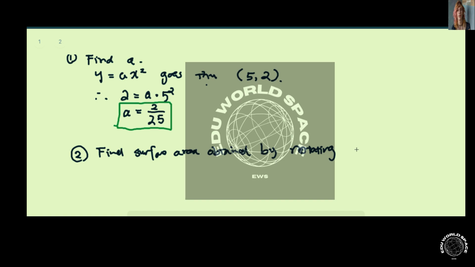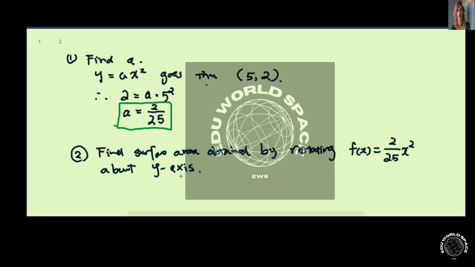So rotating this curve, f of x equals 2 over 25 x squared, rotating this curve about the y-axis. So that's what we want to figure out.